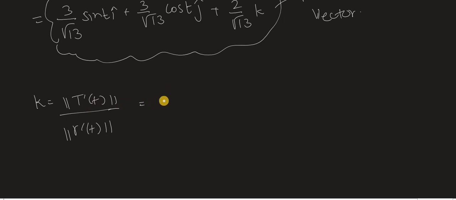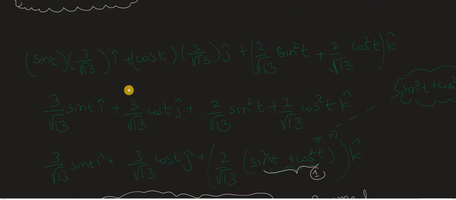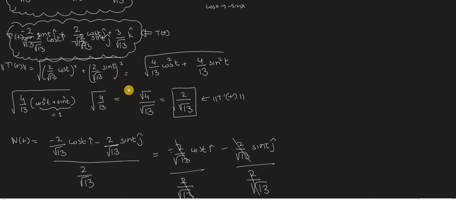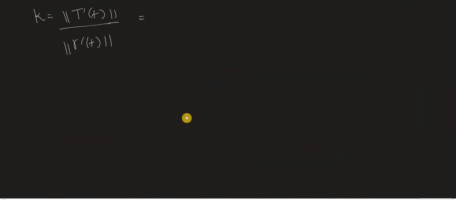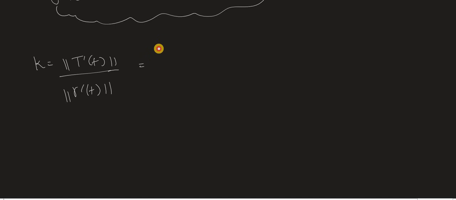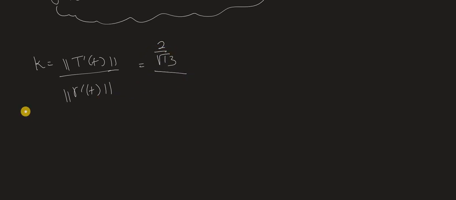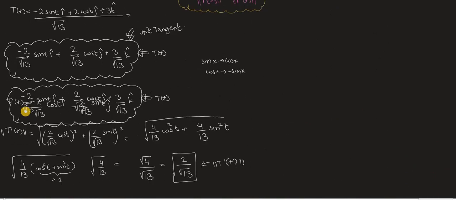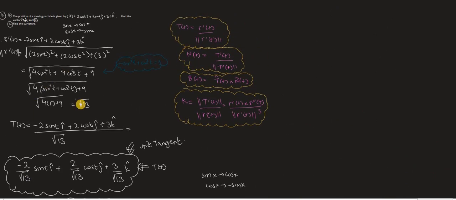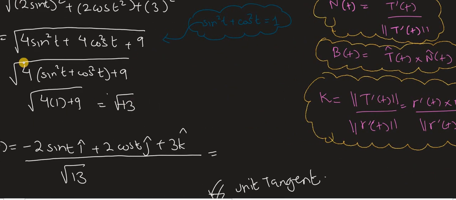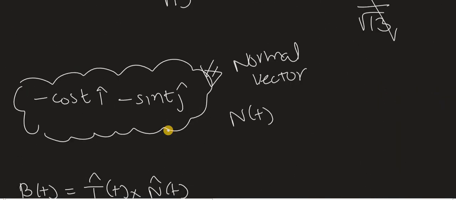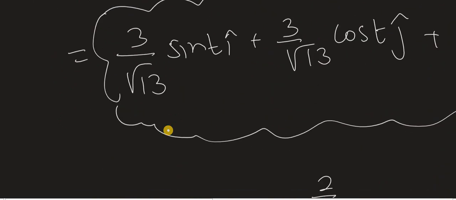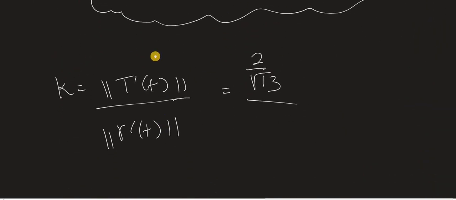Okay, so this is equal to, let's go back again. So what is it? This is 2 over square root of 13. And what is this? Let's find out. What did we calculate? We calculated this and we got square root of 13.